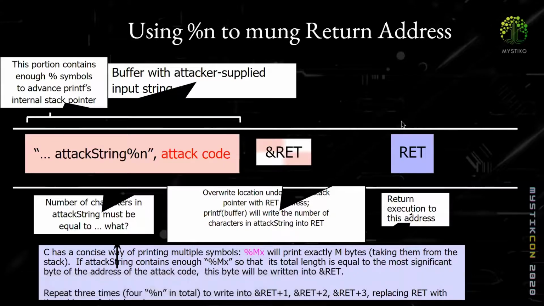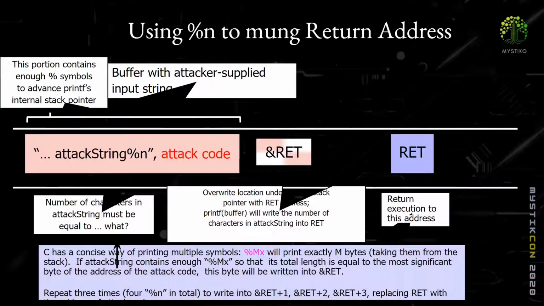Now C has a very concise way of writing multiple symbols. Instead of writing %n 100 times, we can use %mx. It will print exactly m bytes, taking them from the stack.